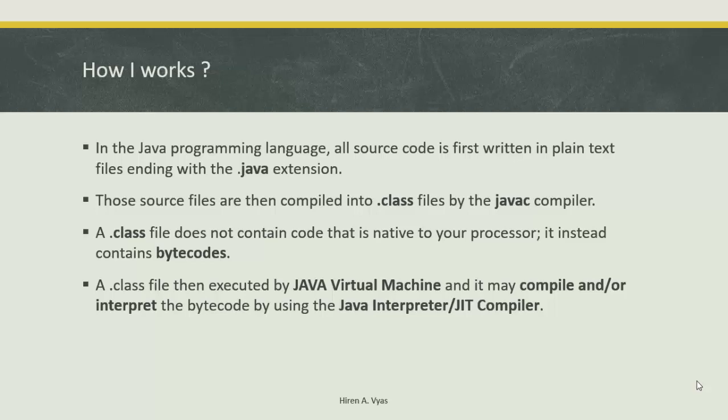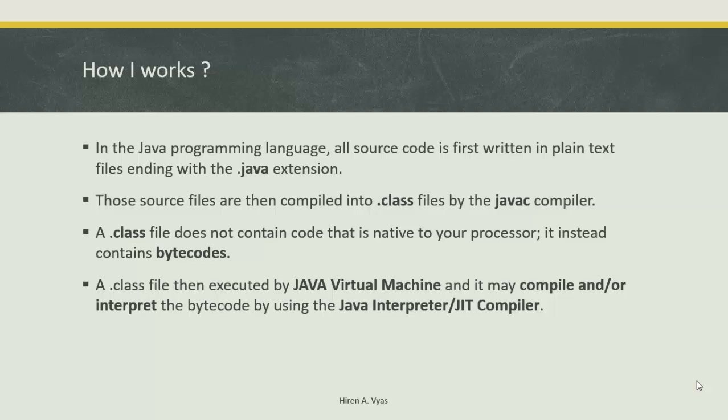Now as the program is compiled, this compiler will generate the class file, and this class file contains the bytecode. Now this class file will be executed by the Java Virtual Machine, and this Java Virtual Machine employs a compiler, that is the just-in-time compiler, as well as the Java interpreter.